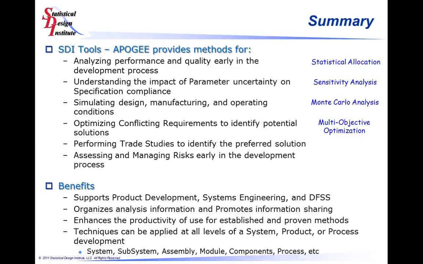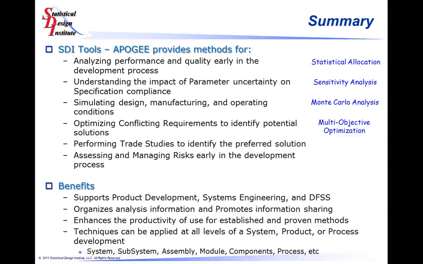So we found that the Apogee tools really do support a variety of product development tasks, systems engineering, and design for Six Sigma activities. It allows you to analyze all of this information in simple spreadsheets, and then you can share the spreadsheets with others also. So they're just standard Excel worksheets and workbooks once you've completed the analysis using the SDI tools.